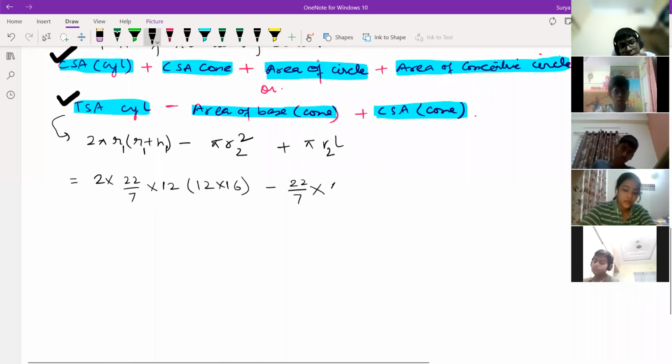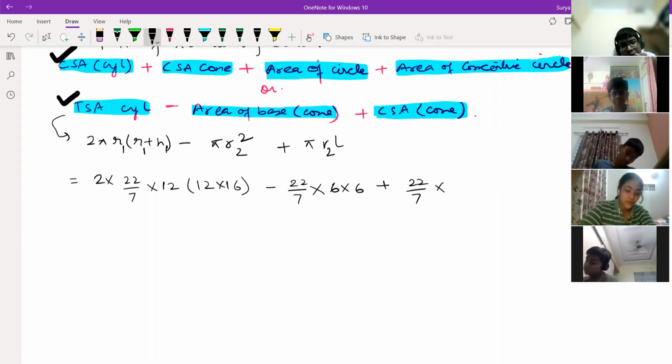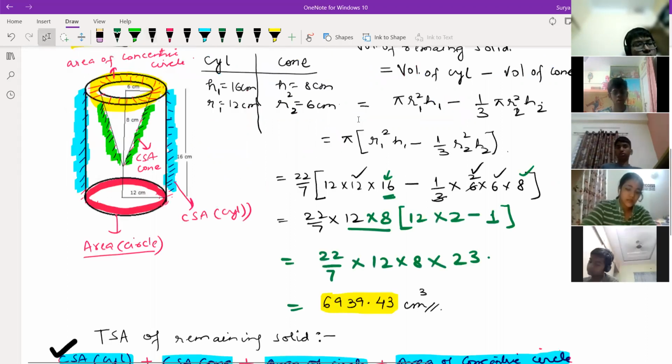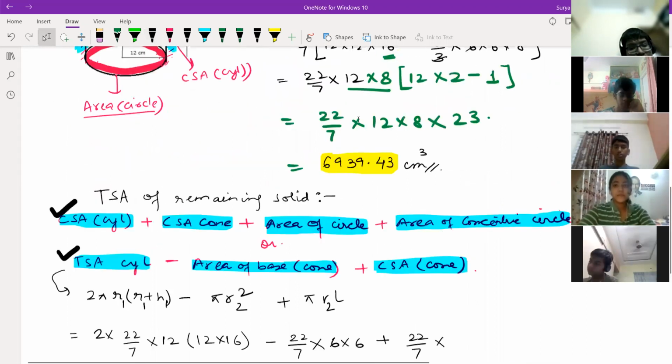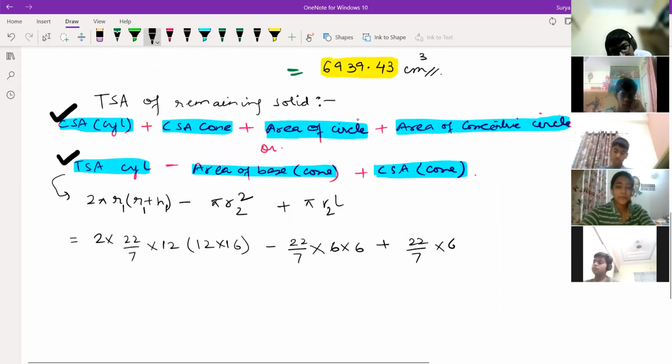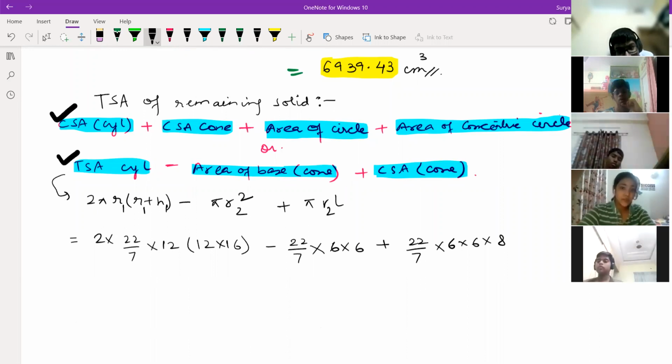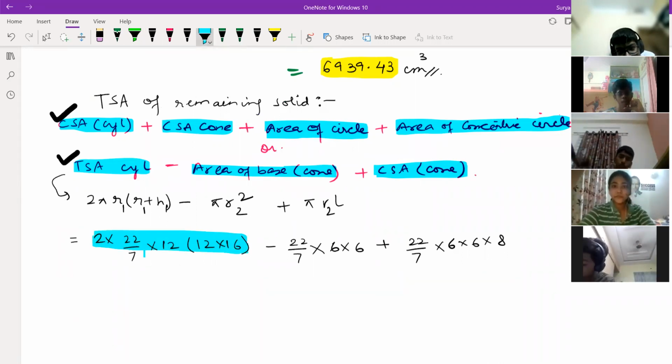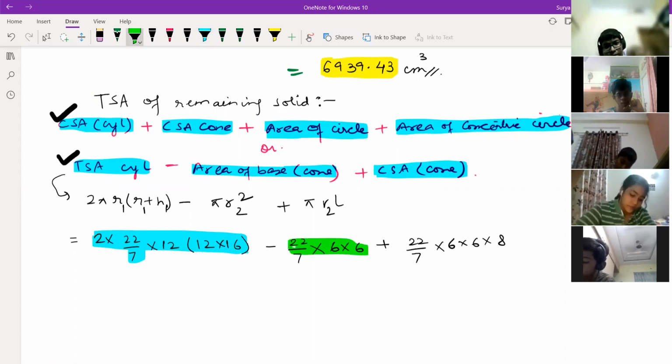So 6 into 6, plus 22 by 7, radius 6, into 6 into 8. Is it clear now? So 3 parts you can solve and get the answer. This is the first part, second part here, and third part.